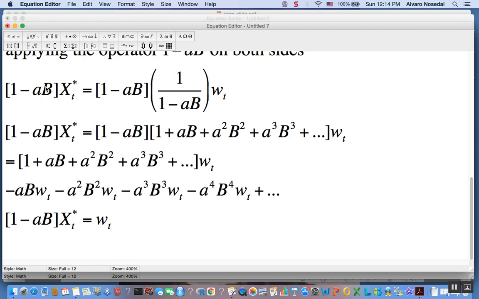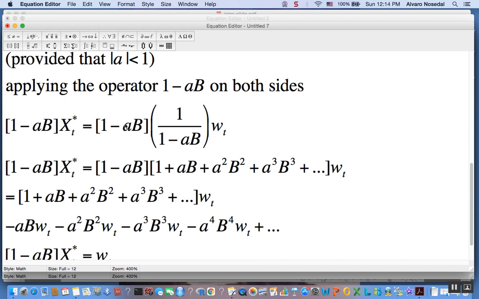So what is really surprising is that we started with the backward shift notation as something that could help us rewrite time series stochastic processes in a more compact fashion.